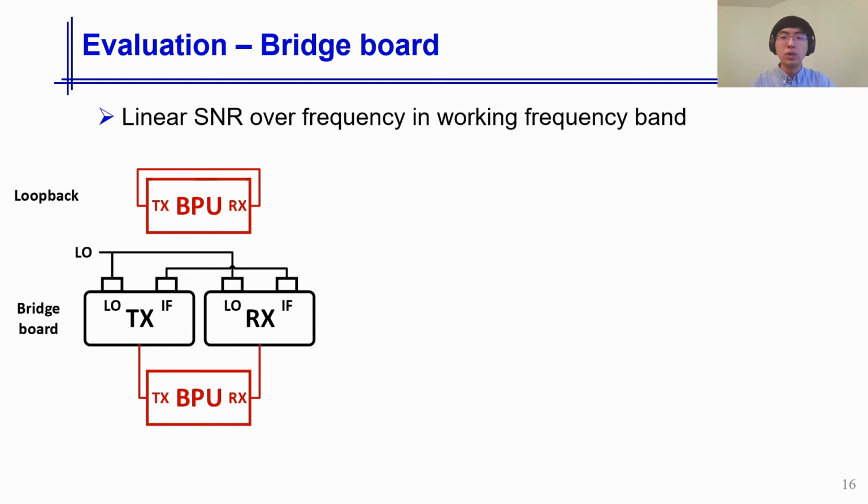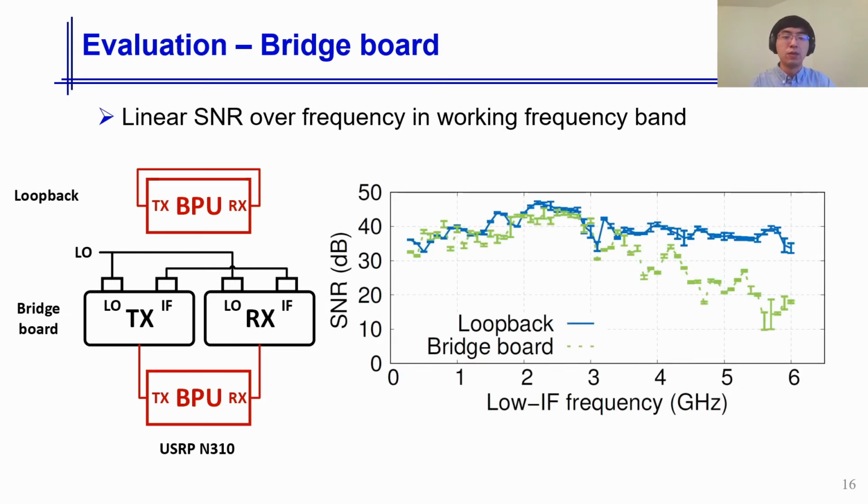The BPU we use here is the USRP N310, and we vary the carrier frequency of the N310, then measure the SNR. The result shows that for any baseband signal below 3.5 GHz, the bridgeboard barely introduces any SNR loss. This means the bridgeboard can accommodate up to 3.5 GHz of baseband bandwidth without noticeable SNR loss.